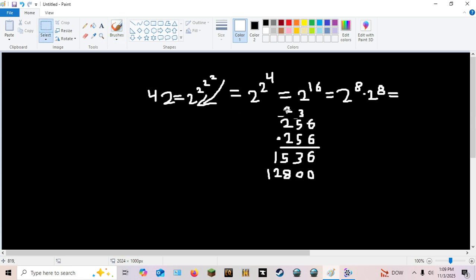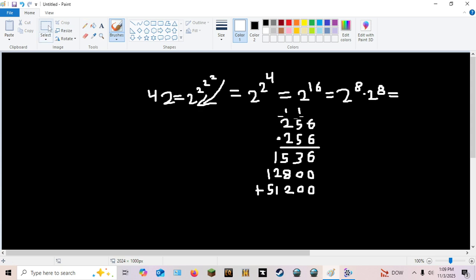We don't want to add yet because we have one more number, which is 200. How many zeros does 200 have? 2. So we put 2 zeros over here. Multiply. 2 times 6 is 12. Now, 2 times 5 is 10. Now, 10 plus 1 is 11. Now, 2 times 2 is 4 plus 1, which is 5.